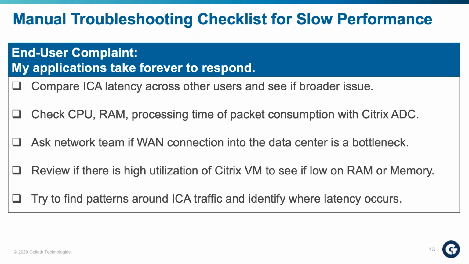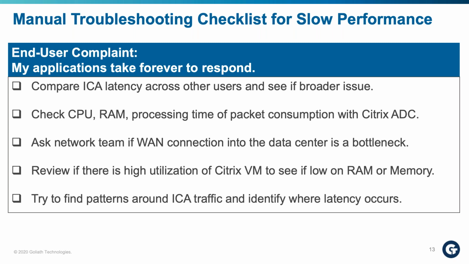So now if we're having lots of users reporting this, how do you go about comparing all these users? How do you know if it's a latency issue? How do you know if it's a bandwidth issue? How do you know if your virtualization hosts are using up more CPU and RAM?